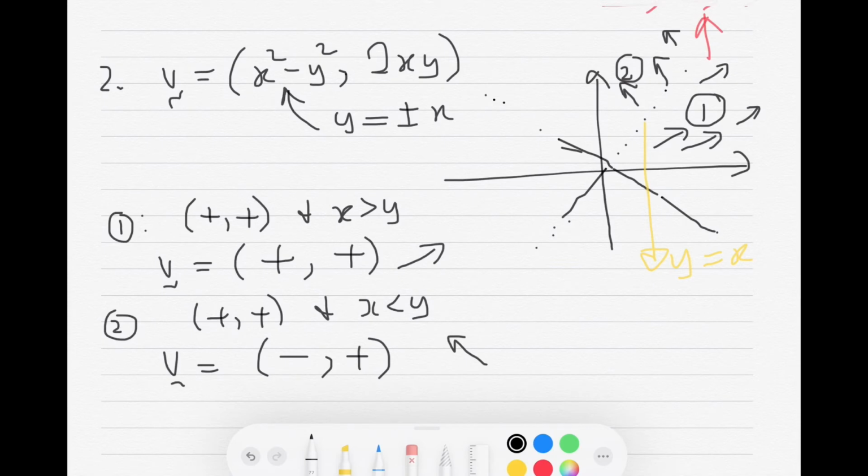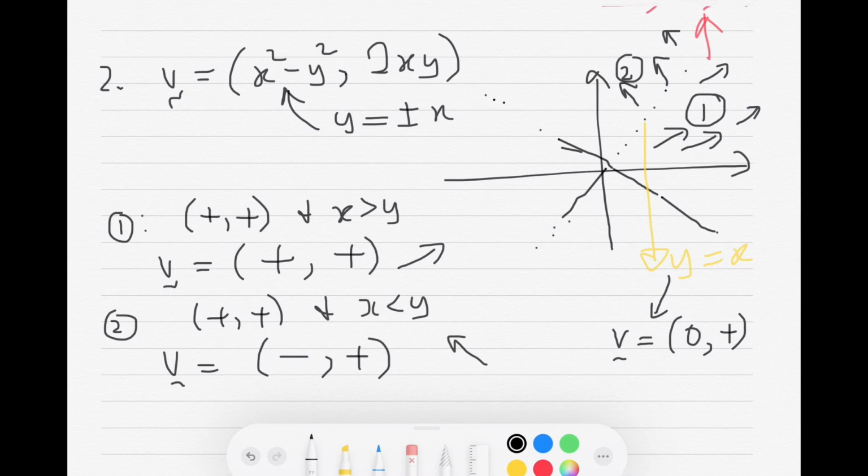And if we impose y equal to x on the vector field, then as a consequence, the vector field will have the following signatures on that dotted line. So if y is equal to x, the vector field V would be 0 as the first component, and x and y both being positive, we have that kind of situation.